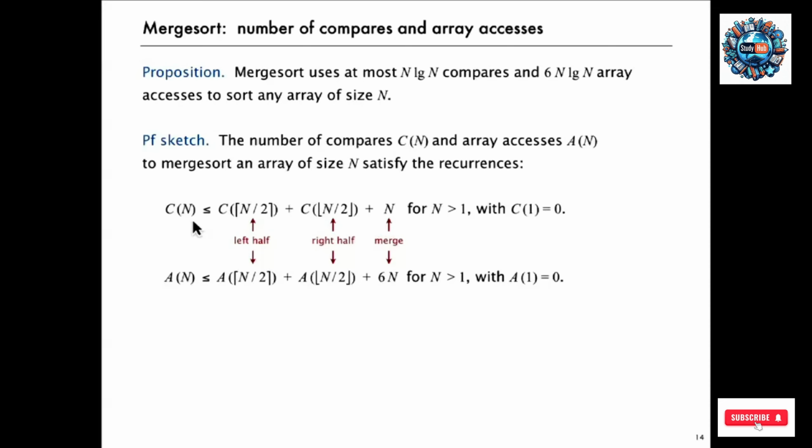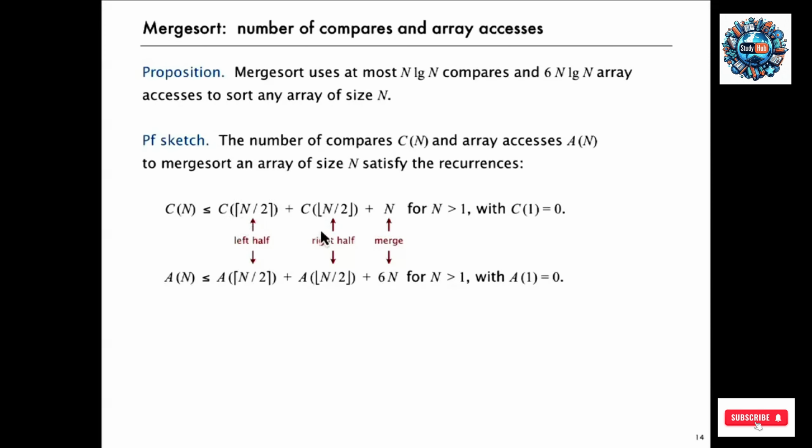In order to get that done, we're sorting the left half and the right half. There's notation ceiling of n over 2 and floor of n over 2. That's the n over 2 round up, n over 2 round down. That's the size of the two subarrays. And we're going to call the same routine for that size, so the number of compares you need for that is C of n over 2.